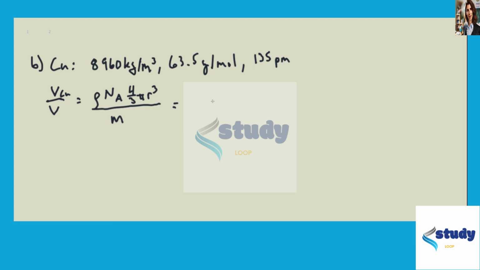And so we end up with, this is 18, no, sorry, this is 87.6%. And so then this implies that the volume occupied by electrons is 12.4%.